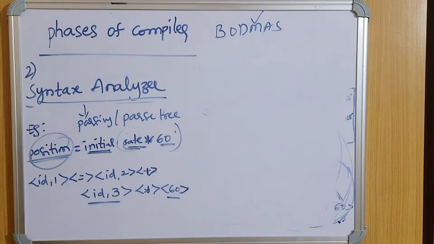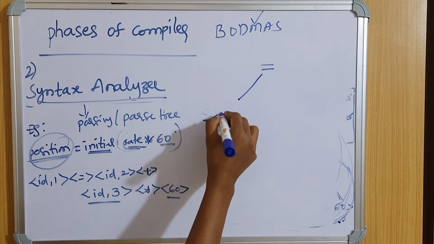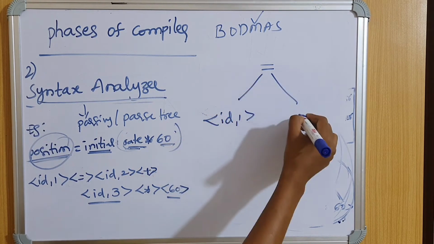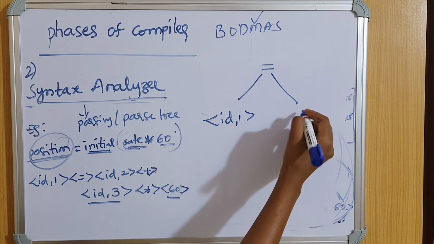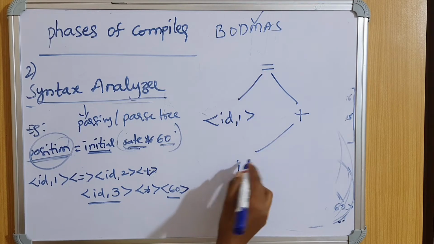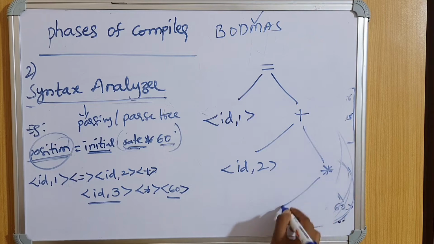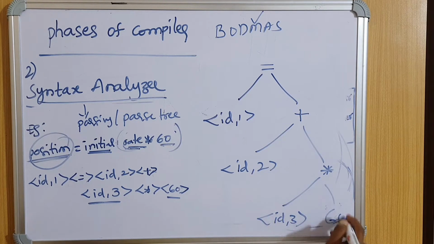See, the assignment operator, identifier 1, then plus, ID2, then multiplication, ID3, then 60. This is the outcome of the syntax analyzer.